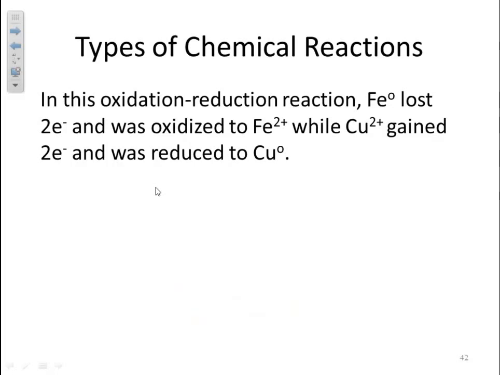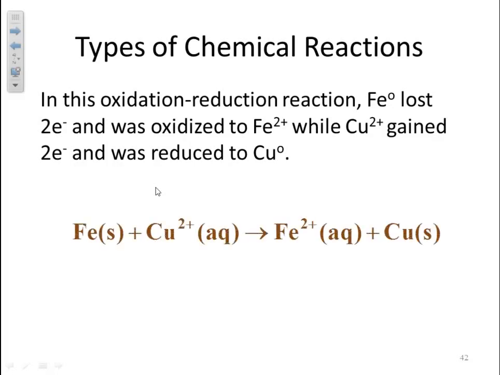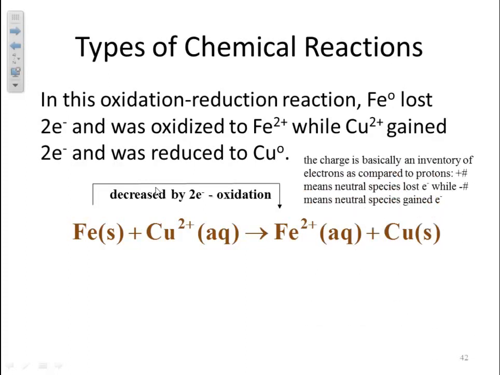In this oxidation reduction, iron 0 has lost 2 electrons and was oxidized to iron 2 plus, while copper 2 plus gained 2 electrons and was reduced to copper 0. So we went from iron 0 to iron 2 plus, which was a decrease by 2 electrons in the oxidation process. The charge is basically an inventory of electrons as compared to protons.